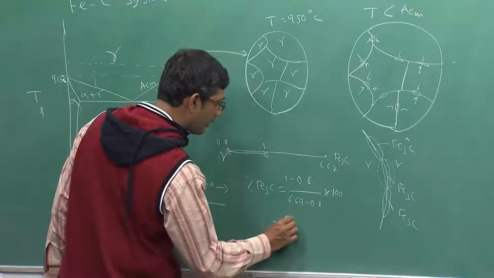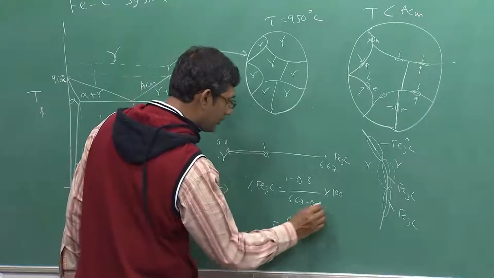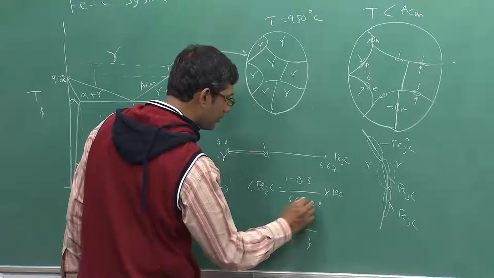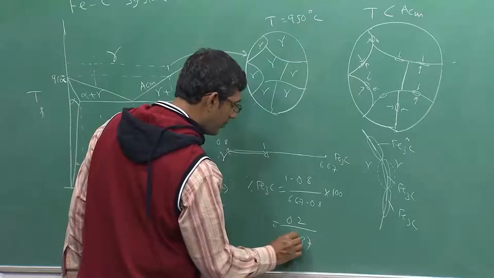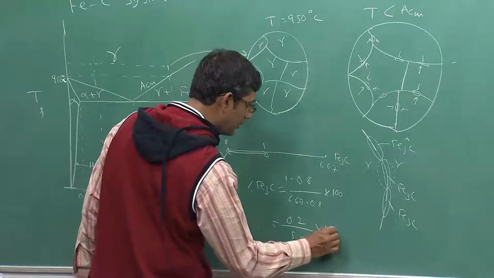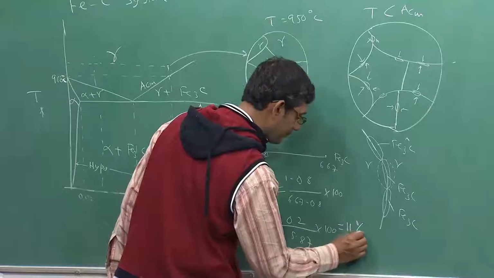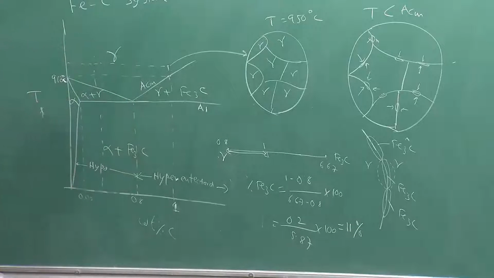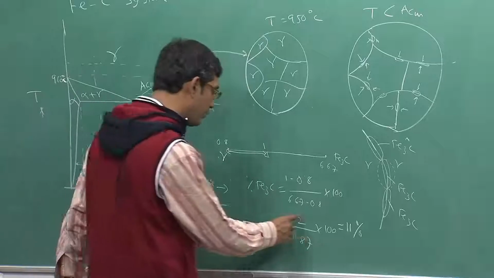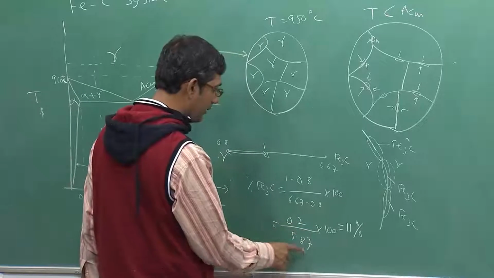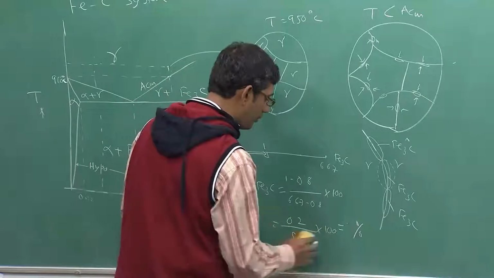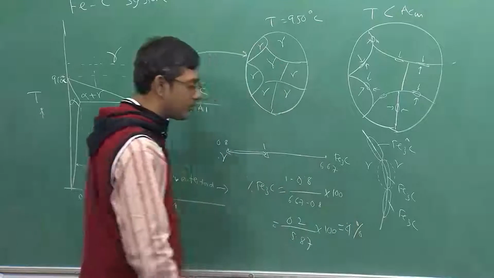So, this is 0.2 divided by 5.87, into 100. It will come to about 4%, that is all, very small, very low.